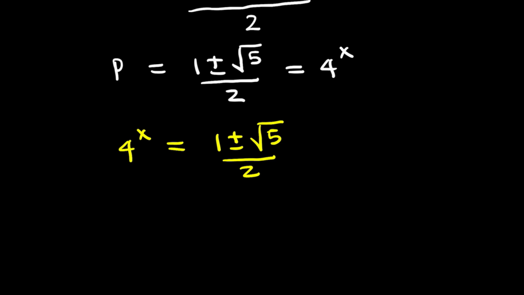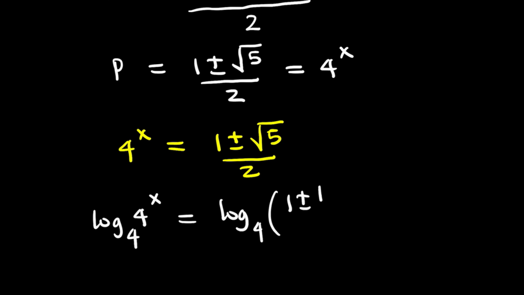Take the logarithm to base 4 of both sides. This will give us log to base 4 of 4 raised to power x is equal to log to base 4 of 1 plus or minus the square root of 5 over 2.